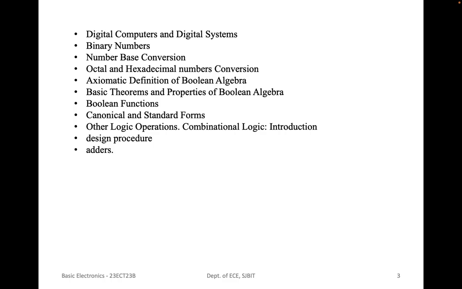This chapter consists of these contents: digital computers and digital systems, binary numbers, number base conversion, octal and hexadecimal conversions, axiomatic definition of Boolean algebra, basic theorems and properties of Boolean algebra, Boolean functions, canonical and standard forms, other logic operations, combinational logic, introduction, design procedure, and adders. So these are the contents of this module. The first thing is digital computers and digital systems.